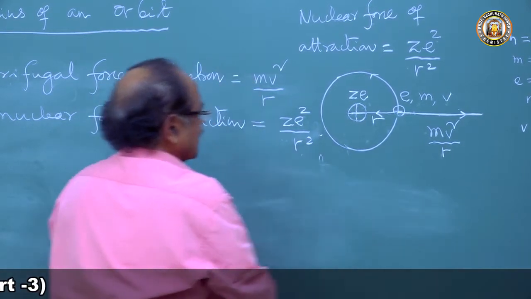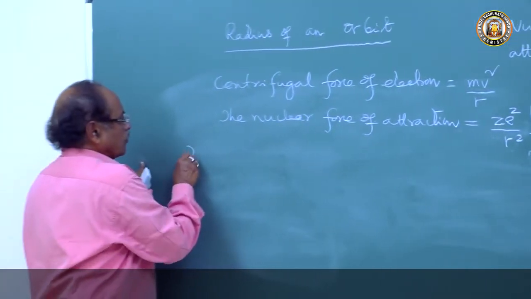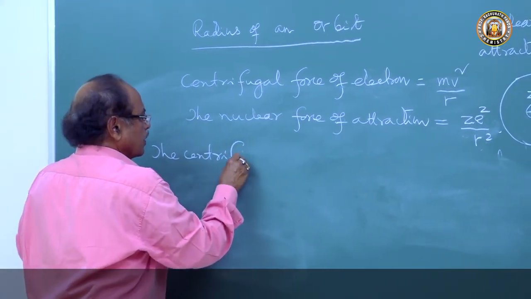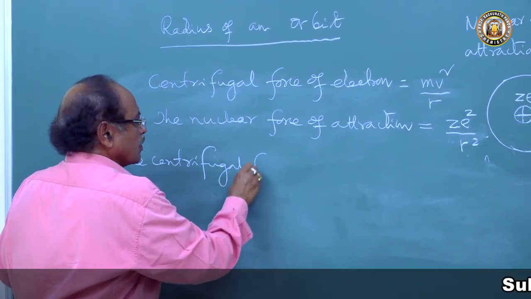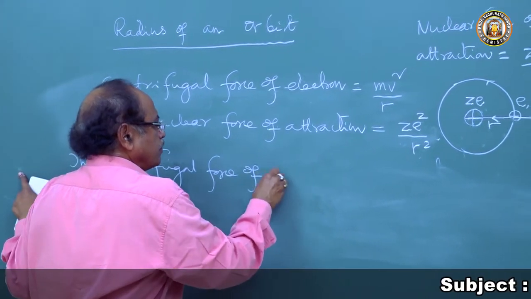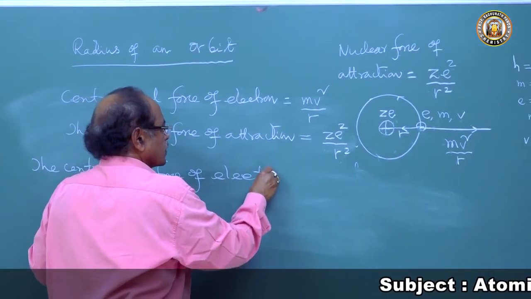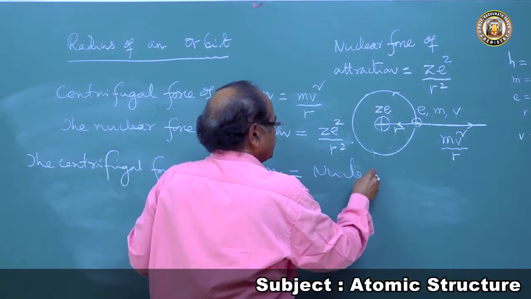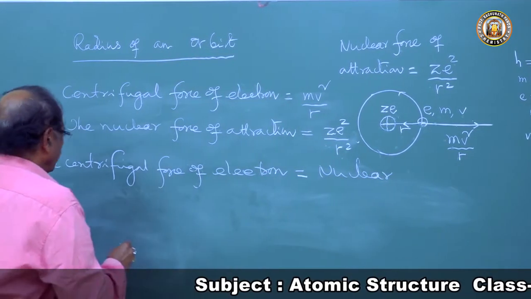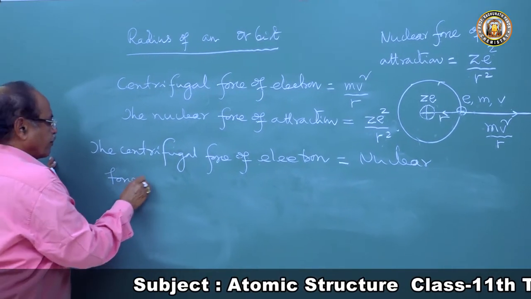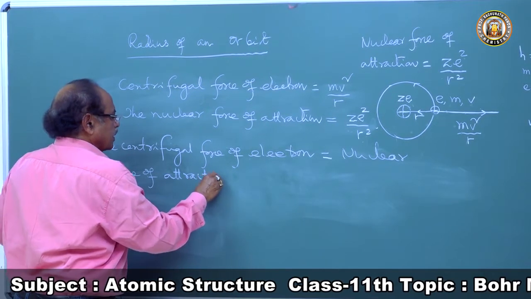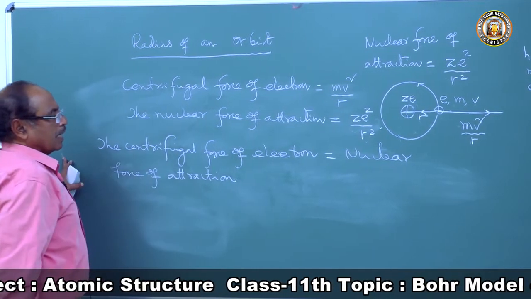Now, we say that the centrifugal force of electron is equal to the nuclear force of attraction, or the force of electrostatic attraction existing between the nucleus and the electron.